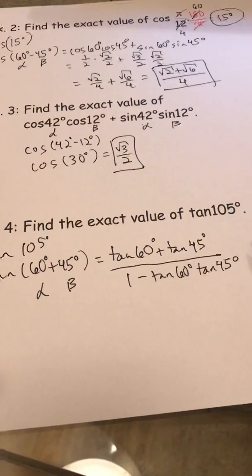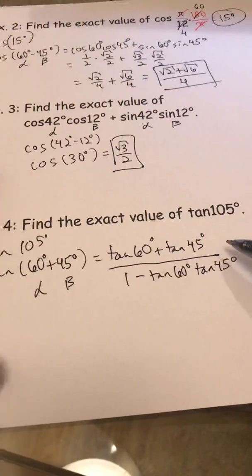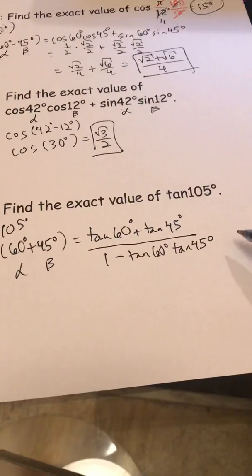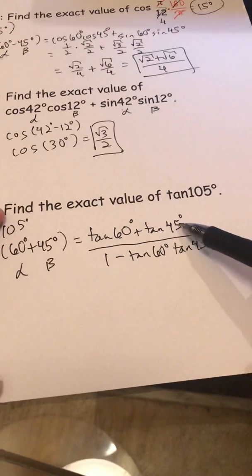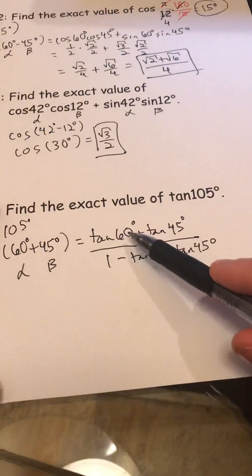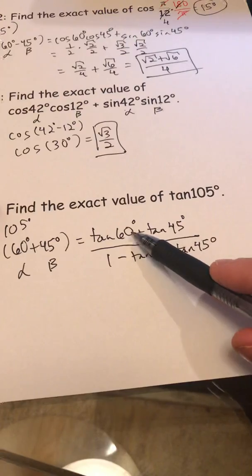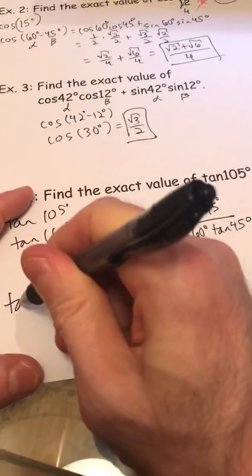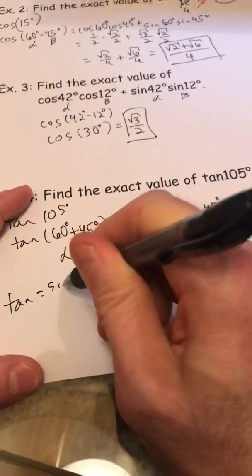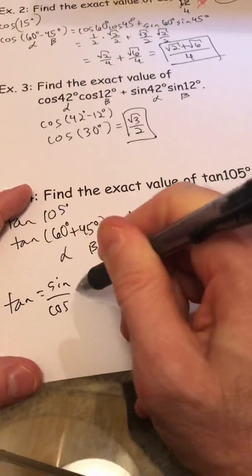Well, if you remember back, certainly before spring break, one of the things we had you do was a unit circle quiz where we had you find all of the tangent values. We do not expect you to memorize those, although I would hope you at least know tangent of 45. If you don't have that handy, remember that tangent is sine over cosine.